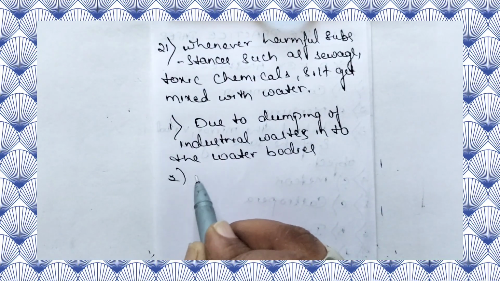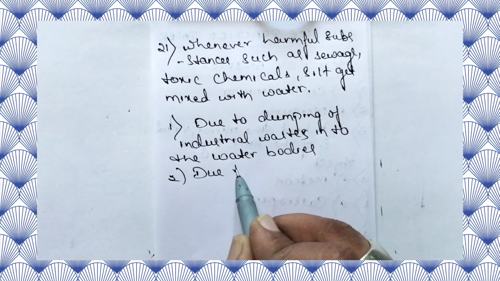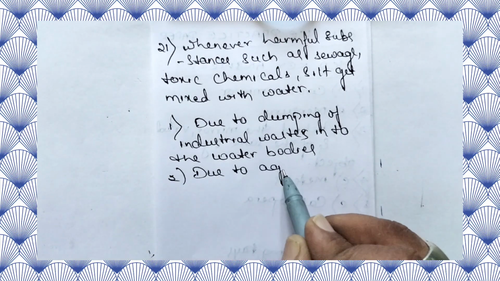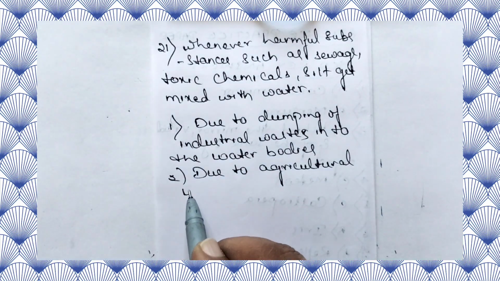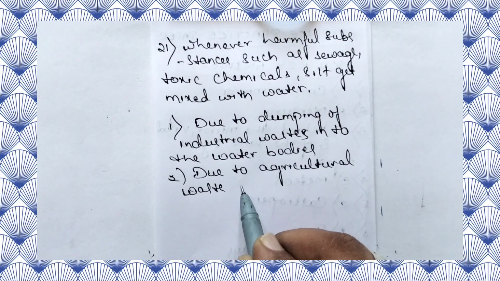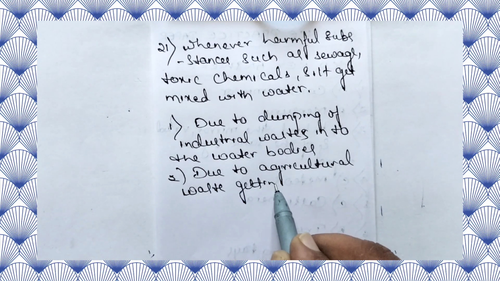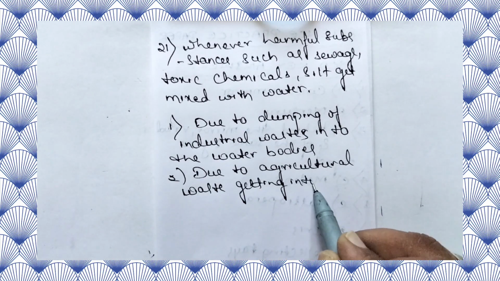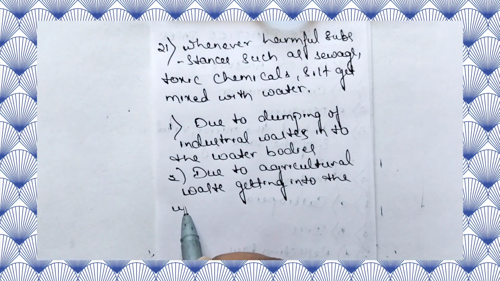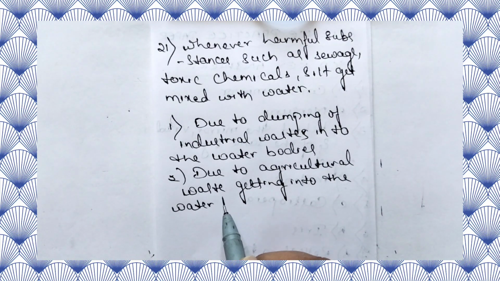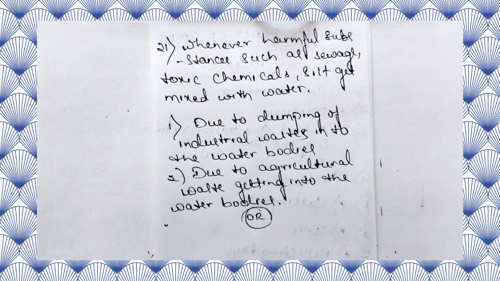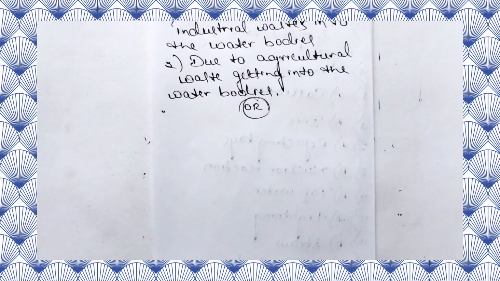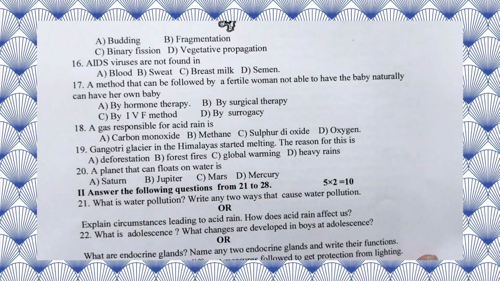Then the second one, due to agricultural waste getting into the water bodies. So by these two ways the water is getting polluted. Now in this 21st question, there is an internal choice question. Now let us answer that one.